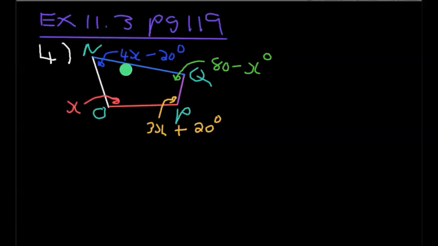We are going to work through example 11.3, page 119, to illustrate the theory that we learned about the angle properties and side lengths of quadrilaterals. We are given for number 4 a quadrilateral NOPQ.